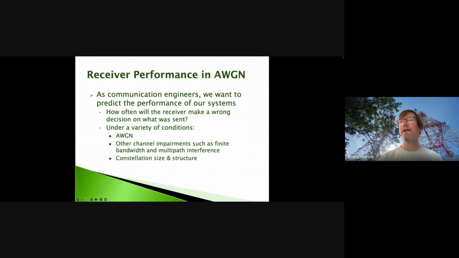And under a variety of conditions, and again, we'll focus on this AWGN at first, but then we'll talk about other channel impairments, maybe finite bandwidth, multipath interference, some of these other impairments that can happen. And this we'll look at in the context of constellation size and structure.